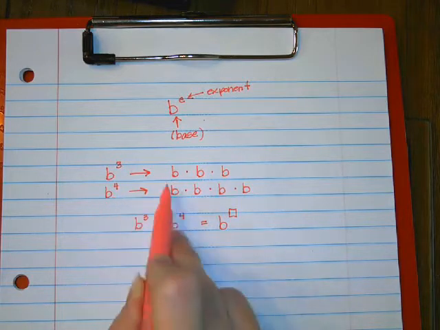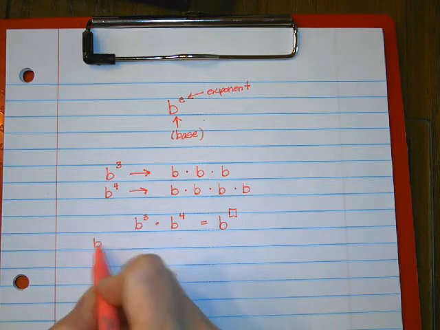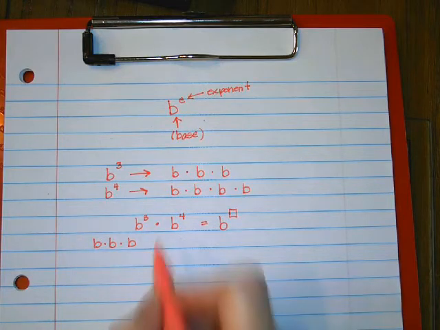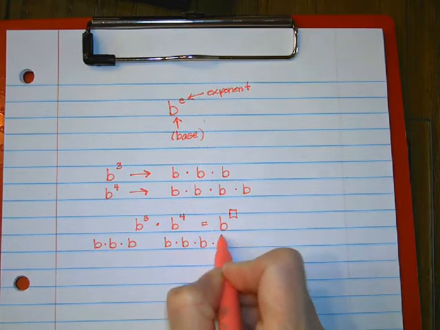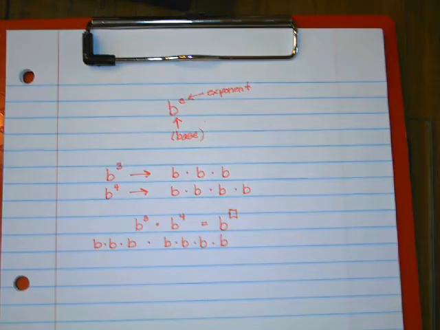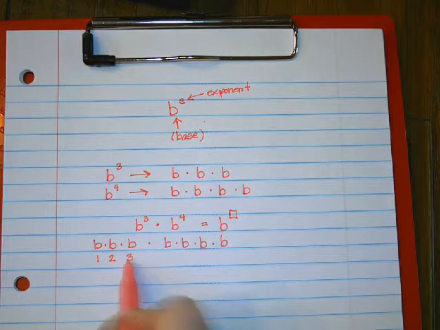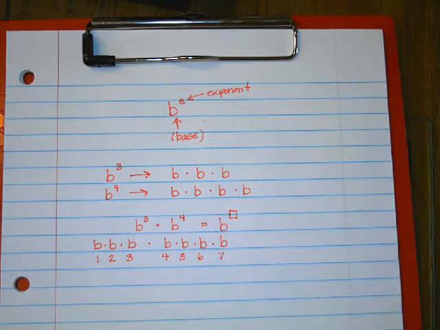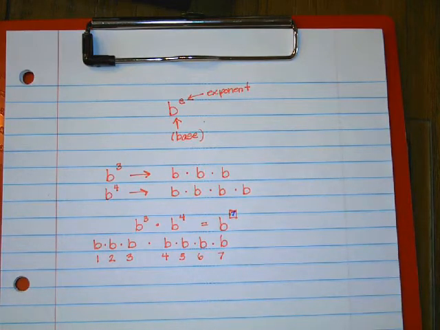Now let's count up how many b's I have all together. There's my b to the third, my b to the fourth. If I multiply those together, I have 1, 2, 3, 4, 5, 6, and 7 b's. That means my new exponent should be b to the 7th.